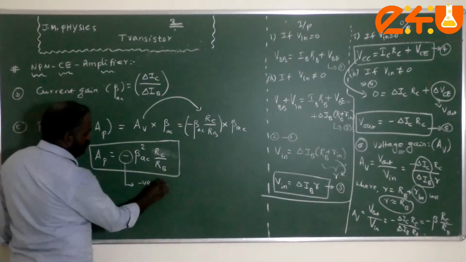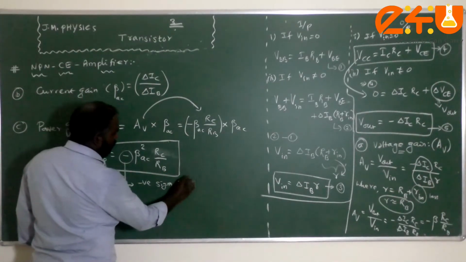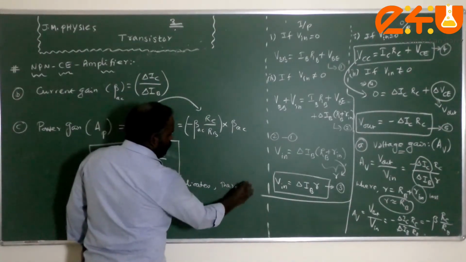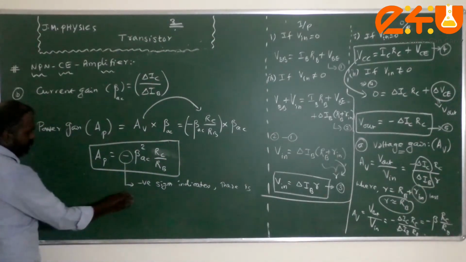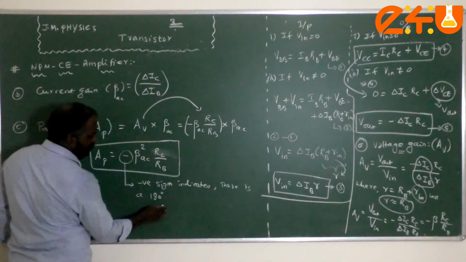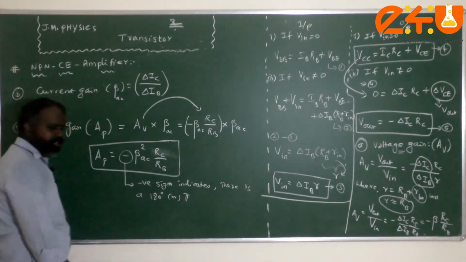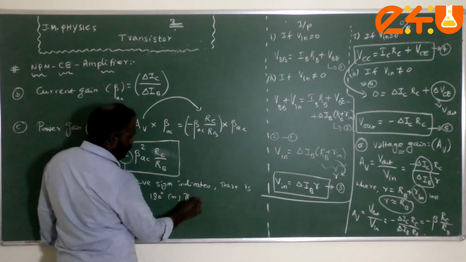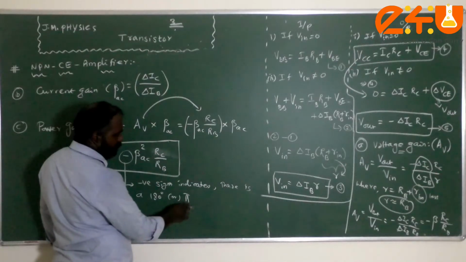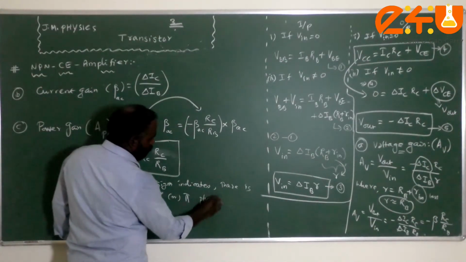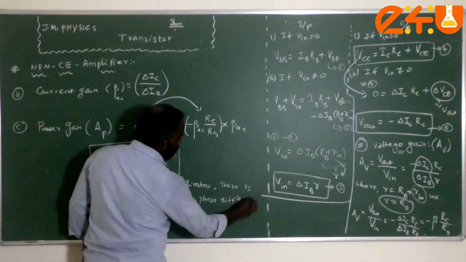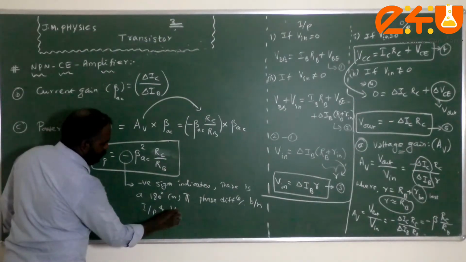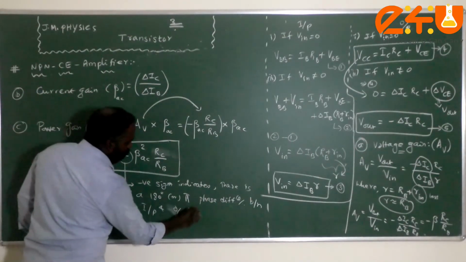This negative sign indicates that there is a 180 degree phase difference, or pi radian phase difference, between input and output voltages.